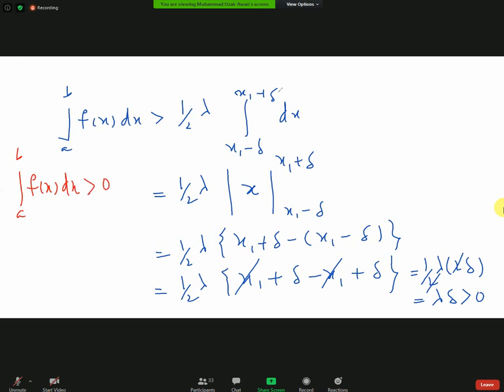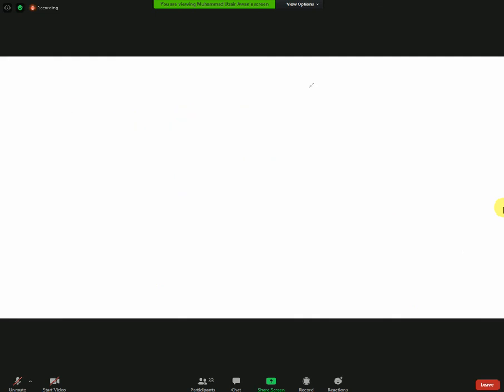हमको तो ये शो करना था कि integral a to b f of x dx is equal to 0 होना चाहिए. So this shows that our supposition was wrong. So this implies that integral a to b f of x dx is equal to 0 if f of x is equal to 0.